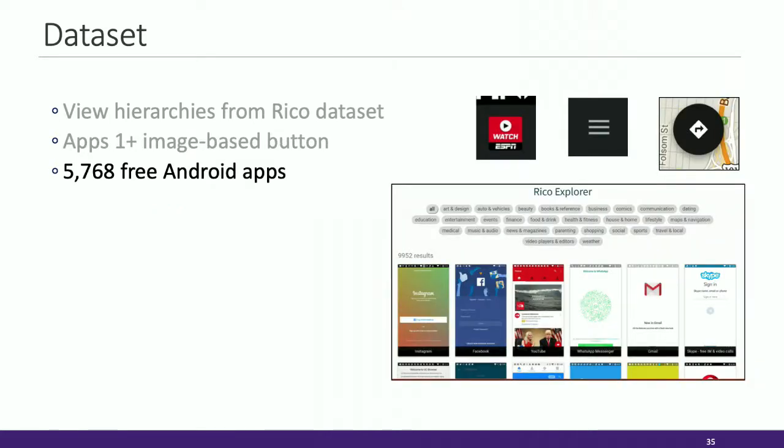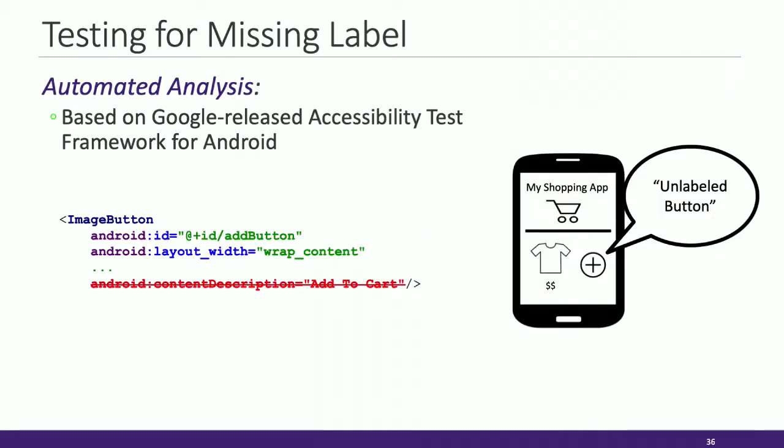And so that gave us a data set of 5,768 free Android apps, which we analyzed using an analysis based on the Google-released Accessibility Test Framework for Android, which essentially is a set of heuristics seeing whether or not that content description is there. And so we broke our results down into a by app analysis and by button type analysis.